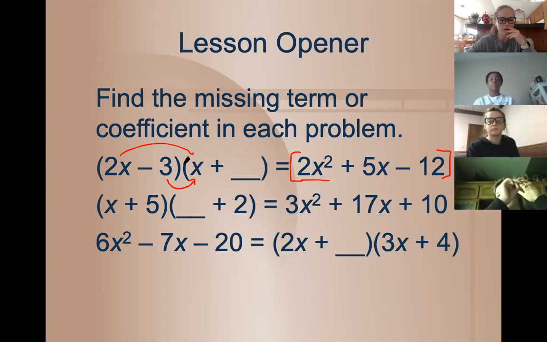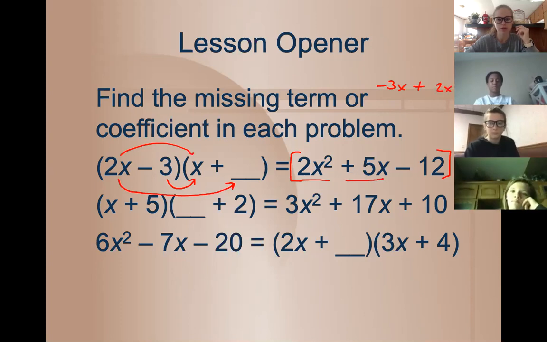I've got negative 3x, and I've got to add that to 2x times something, and that has to equal a positive 5x. Okay, whoa. Slow down, here we go. Start over. 2x times x, that was my first one. 2x times x, that's 2x squared.